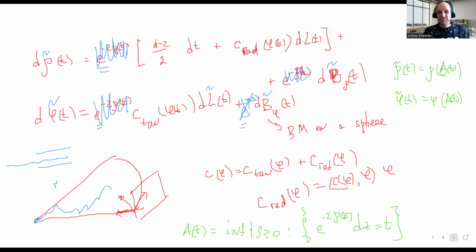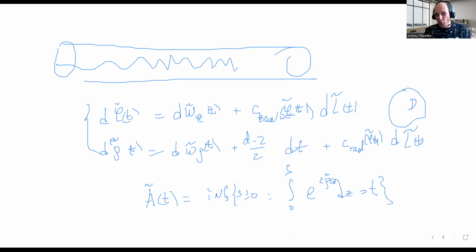However, I will show you that if you go to negative infinity, then rho of t is equivalent to some negative constant times t.